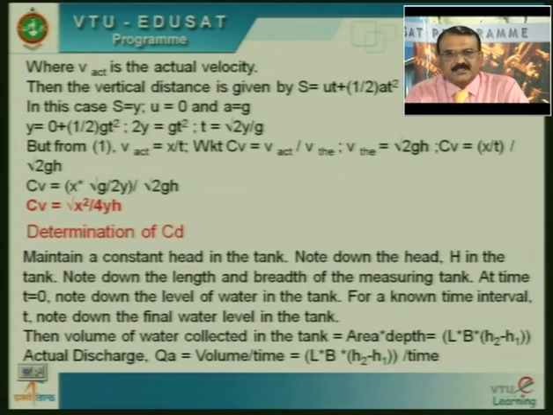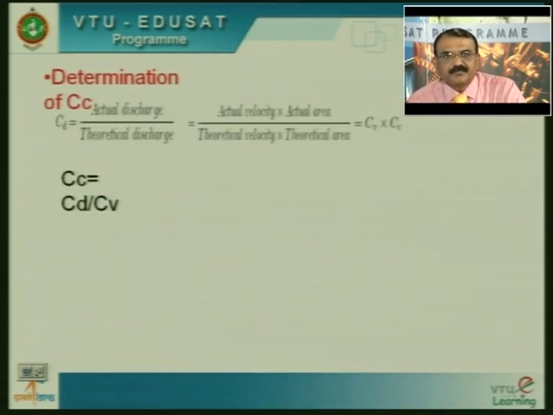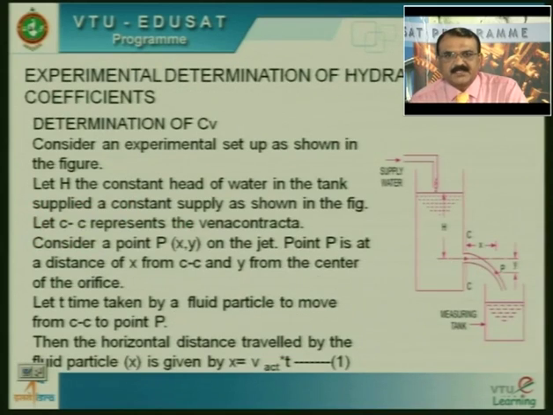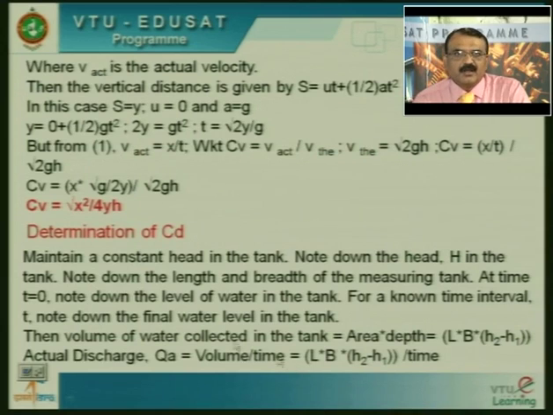But consider the equation 1. X is equal to V actual into t, or V actual is equal to x divided by t. Now, from equation 1, V actual is equal to x divided by t, and what is the relation we are looking for? We are looking for coefficient of velocity. We define this coefficient of velocity as actual velocity to the theoretical velocity.